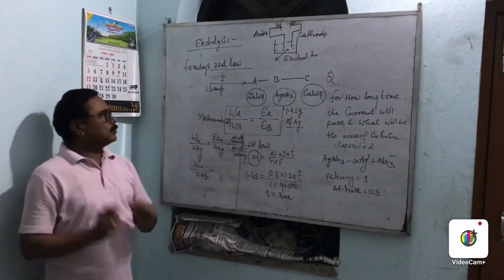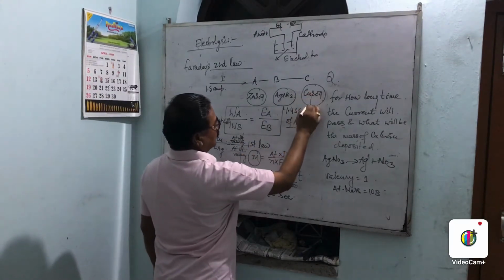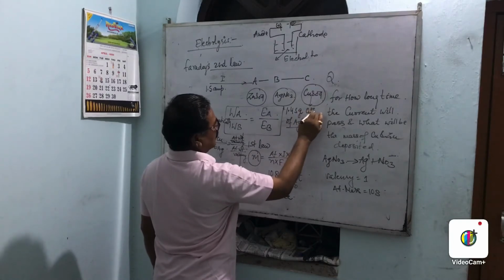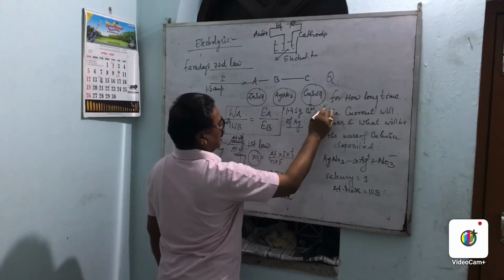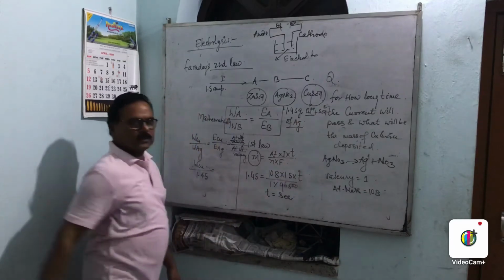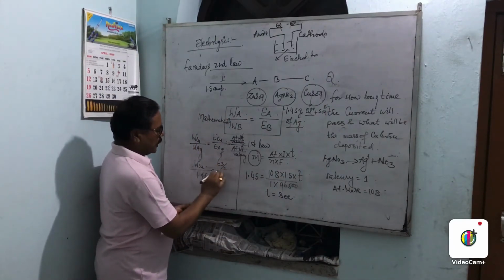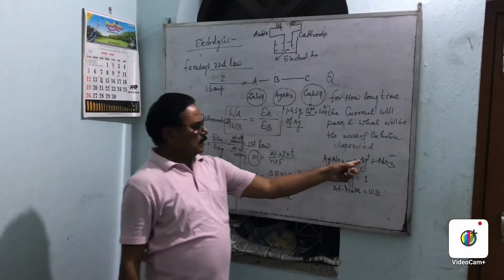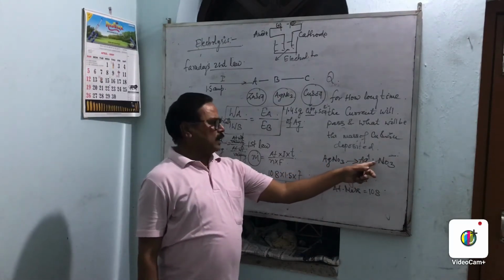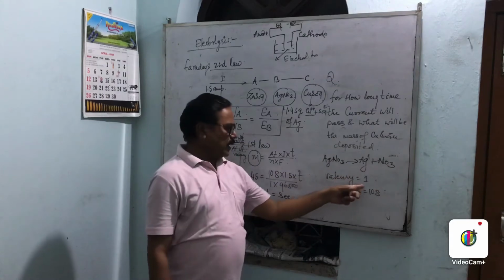Because it is copper sulfate, it will dissociate to give copper 2 plus ion and sulfate 2 minus ion. So here the valency is 2. So we write here 63 by 2. And this is silver nitrate. It will decompose to give silver ion and nitrate ion, so its valency is 1.